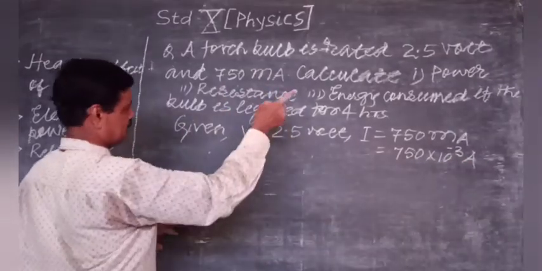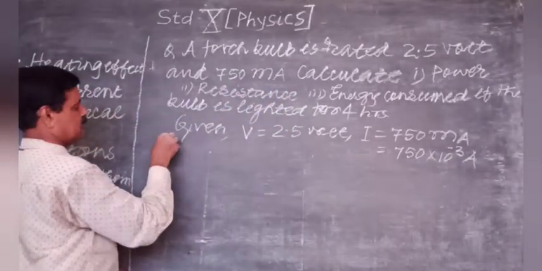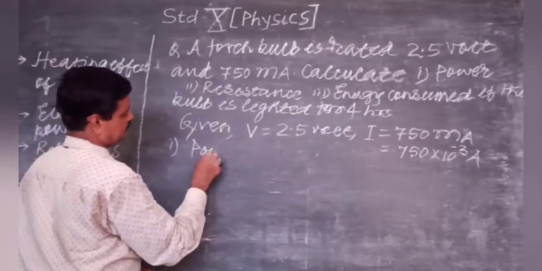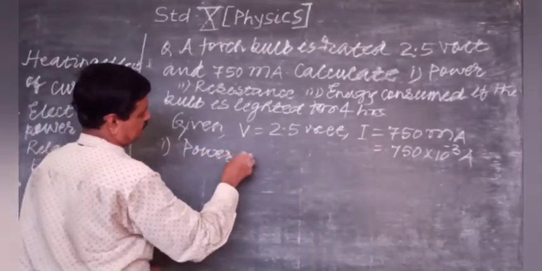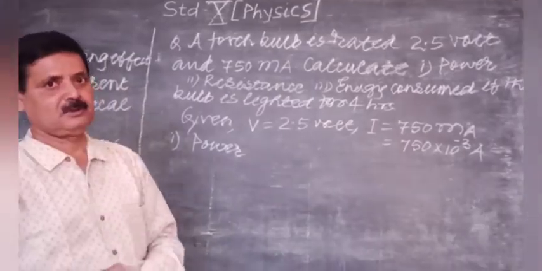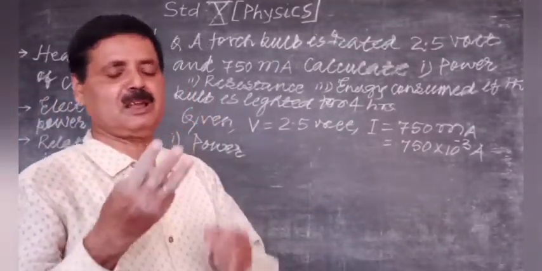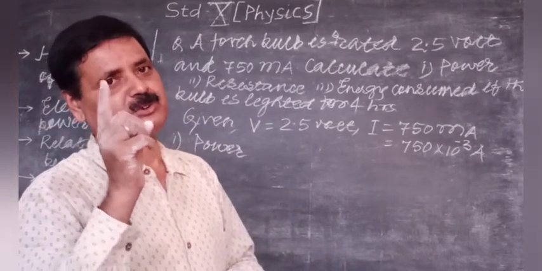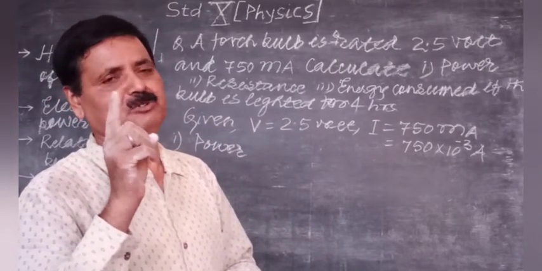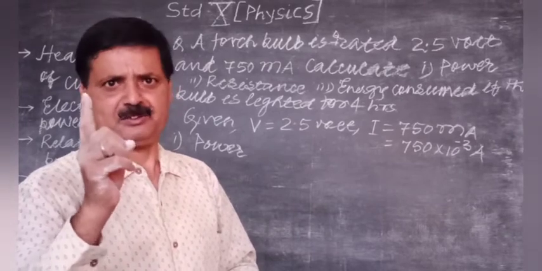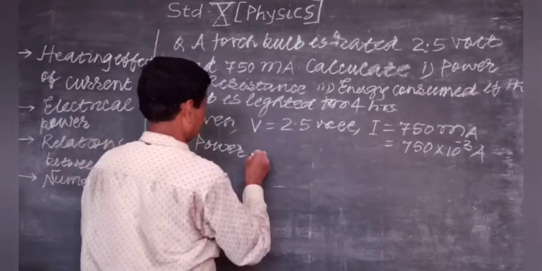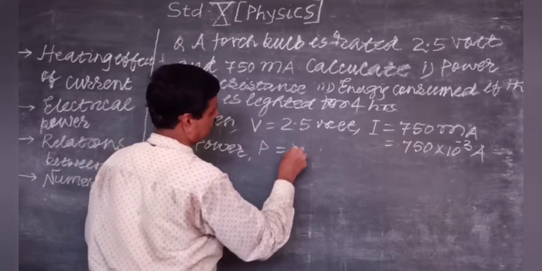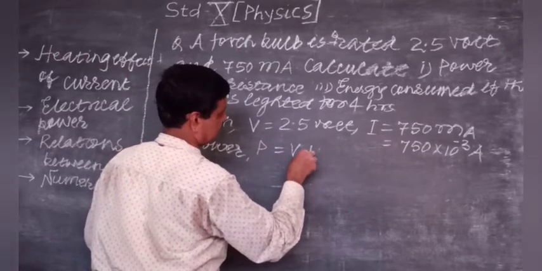First item is power. There were 3 formulas. Remember the last formula, most probably it was V into I. Power means P is equal to V into I. That was the third one.